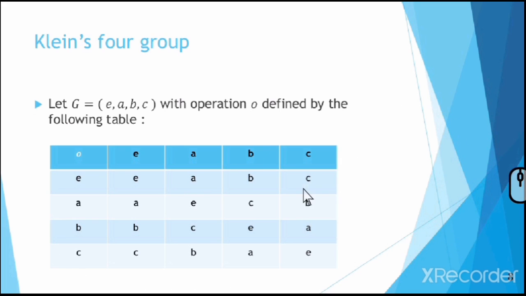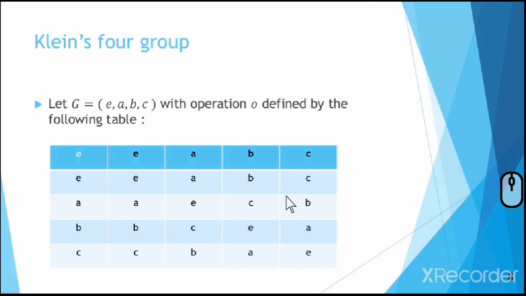You take 4 elements, where E is the identity, A squared is identity, B squared is identity and C squared is identity. So every element squared is the identity, and AB is C.